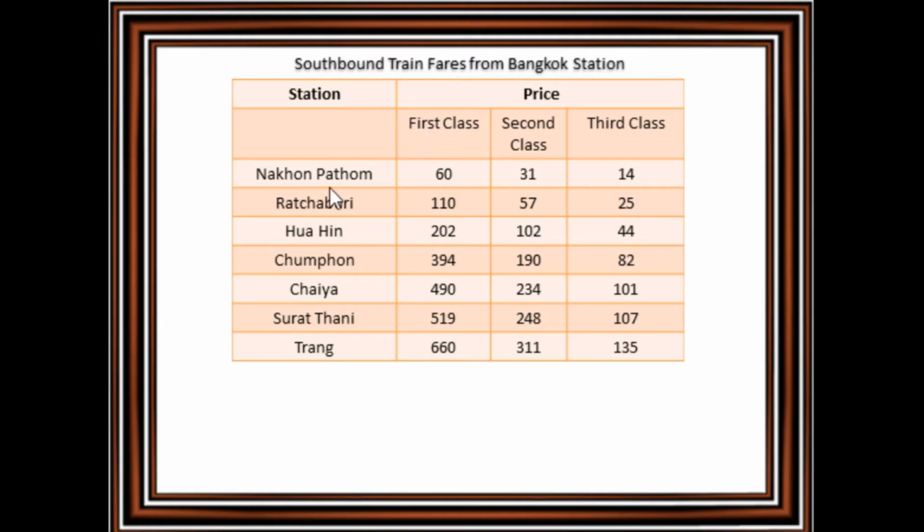That's for column 1. Columns 2, 3, and 4 contain the price, but it's divided into 3. We have the first class price, second class price, and the third class price. These are all in baht.